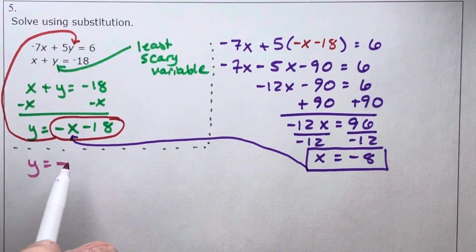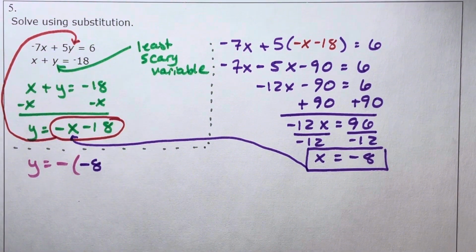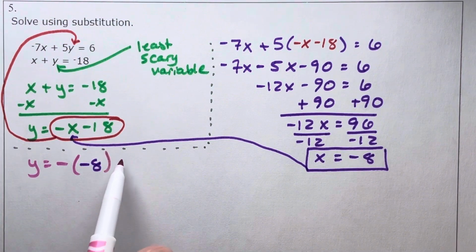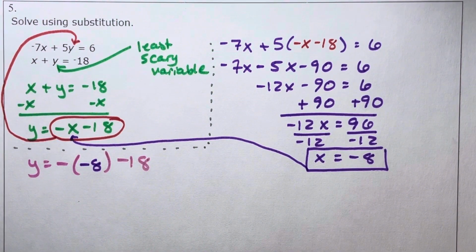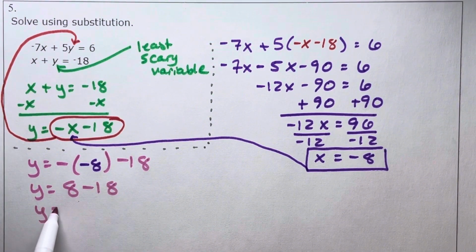So let's do that right now. That means that we are going to have y equals negative times -8 minus 18. Well, a negative times a negative is a positive 8 minus 18. Thus, y is equal to -10.